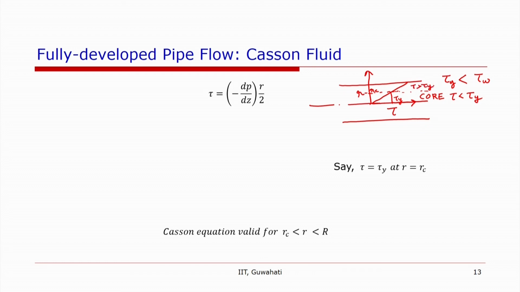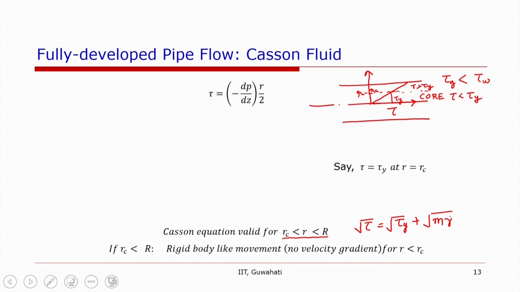So when the radius is between RC and R, the fluid will follow root tau is equal to root tau y plus root m gamma dot, where gamma dot is the shear rate. Now, if the radius is less than RC, then the shear rate will be 0.